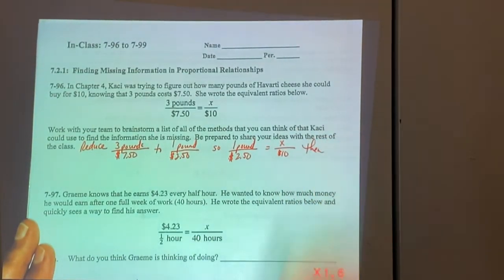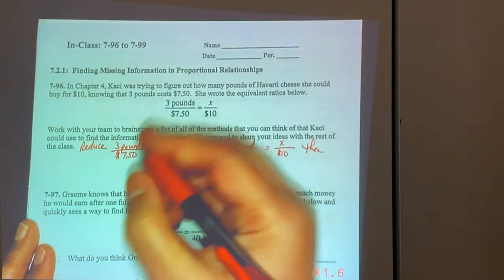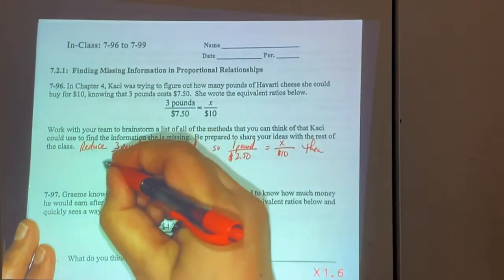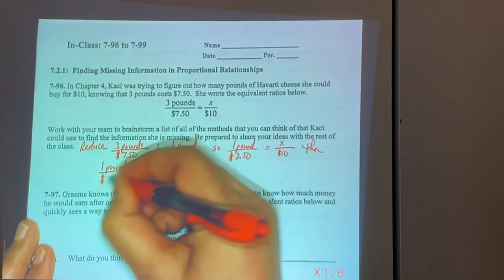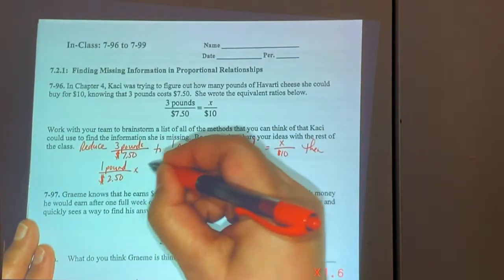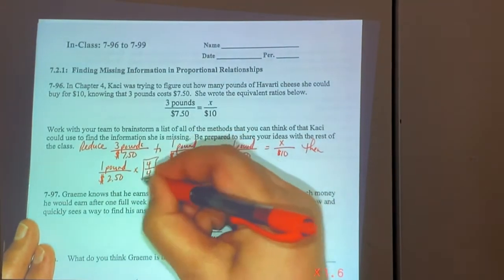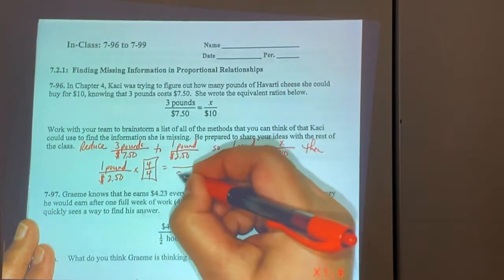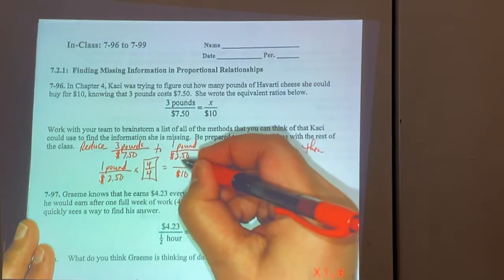Then if you take your 1 pound over $2.50 and multiply it by 4 over 4, our giant 1, so that now I have $10 on the bottom. So then what's 1 pound times 4? 4 pounds.